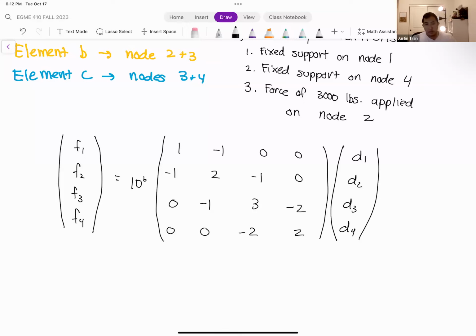So let's go ahead and apply these boundary conditions one by one.